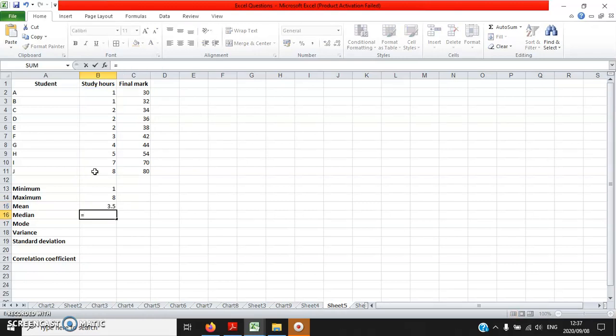Median stands for the number that appears most number of times, providing it appears at least twice. So if you look at the data range clearly, the mode should be 2 because 2 appears 3 times. So equals median, open bracket, same data range, close bracket.